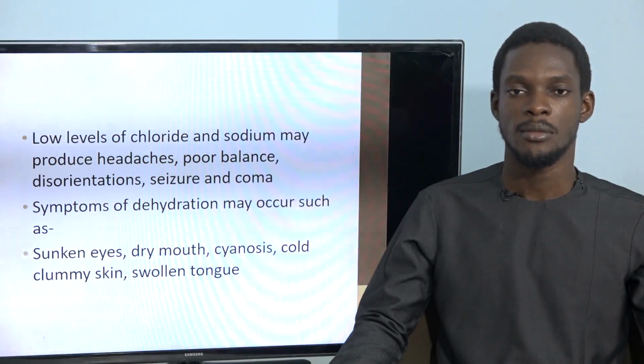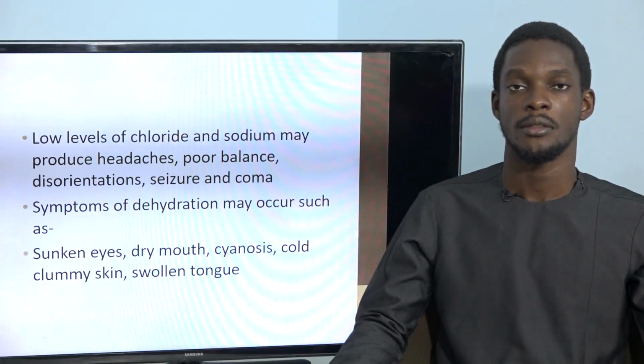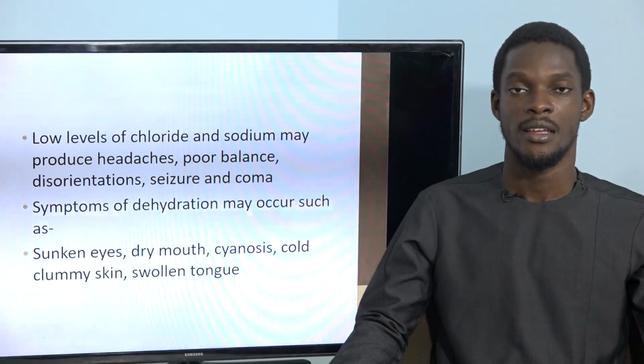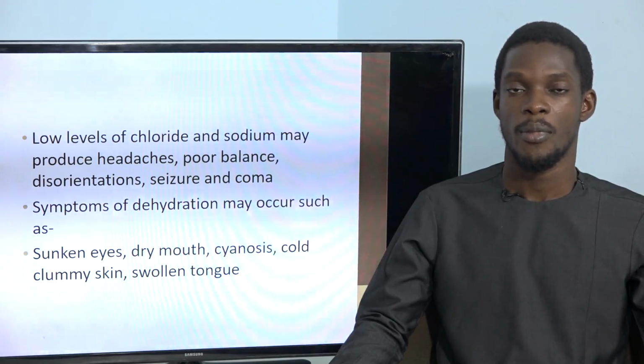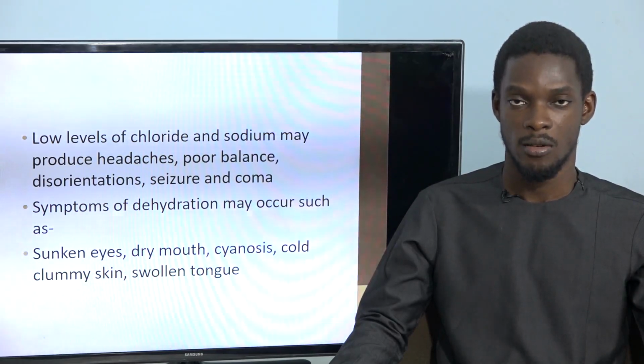Then symptoms of dehydration may also occur. These include sunken eyes, dry mouth, cyanosis, cold, clammy skin, and then a swollen tongue. You can also have a very dry mucous membrane, and all these things form part of the signs of cholera.